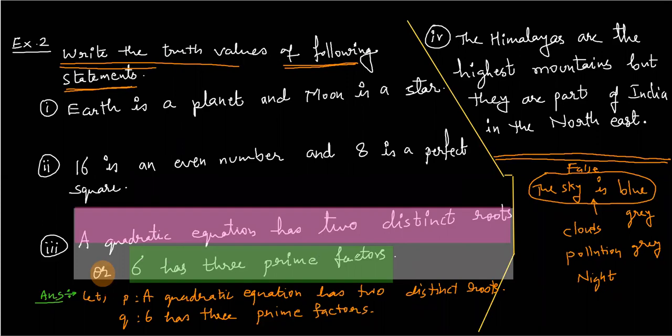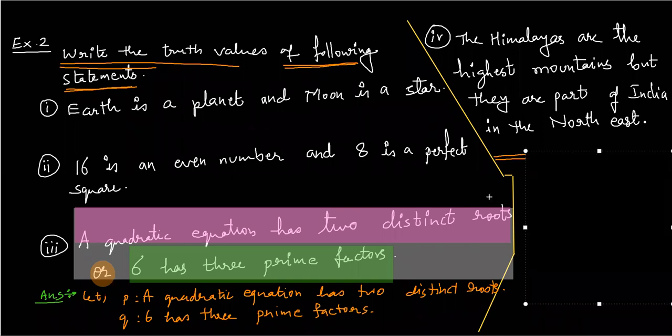6 has 3 prime factors. To understand this, you should have knowledge of what prime factors are. Suppose I write 12 equals 6 into 2. Remember, these two are not the prime factors of 12. 2 is prime, but 6 is not prime.